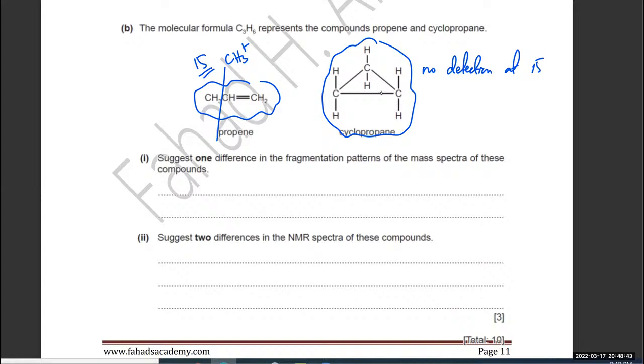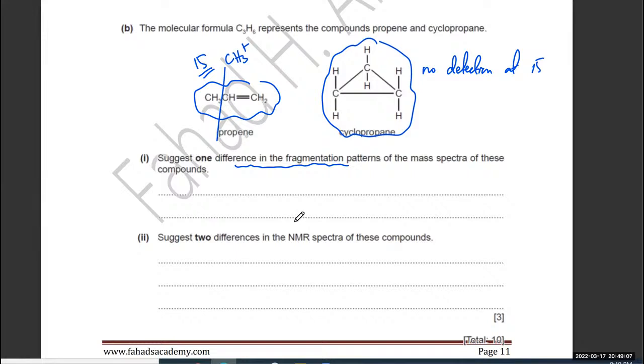If you break any small piece of the molecule, it will never come out to be 15. So that's one difference, right? For fragmentation pattern, they were just looking for one difference. So we've told that difference, right?